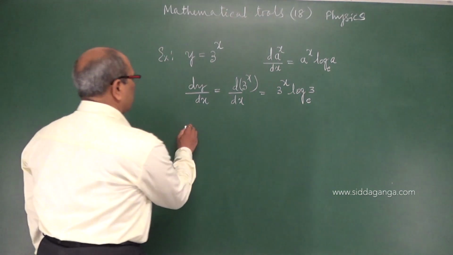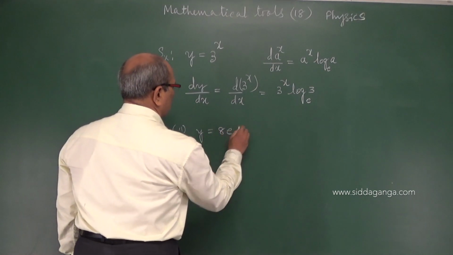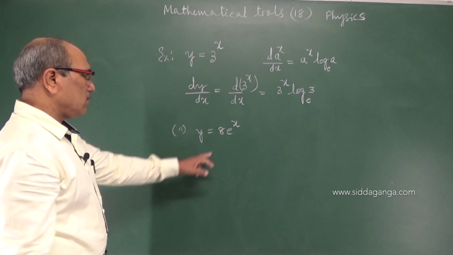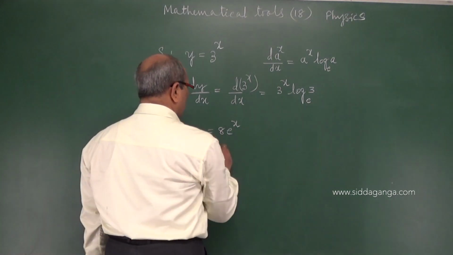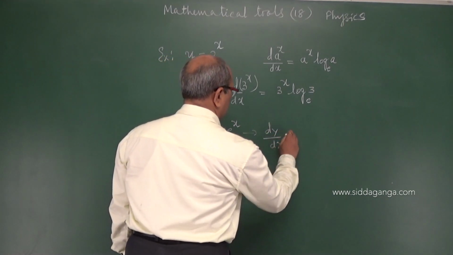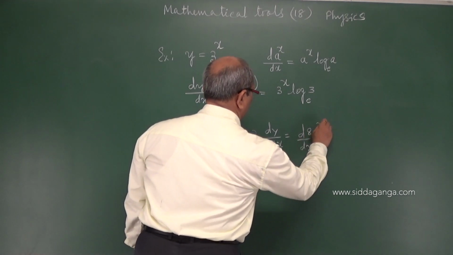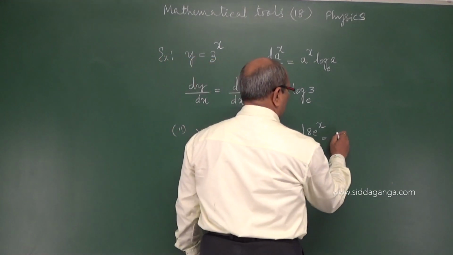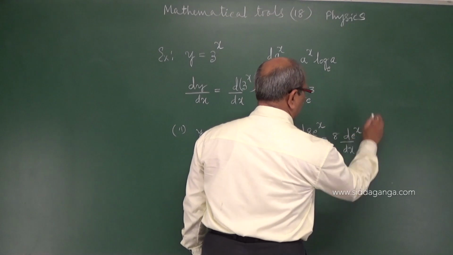And similarly, another example: y is equal to 8 e power x. If I find the differentiation for this, dy by dx is d by dx of 8 into e power x. First I can bring the constant out, 8 into d by dx of e power x.